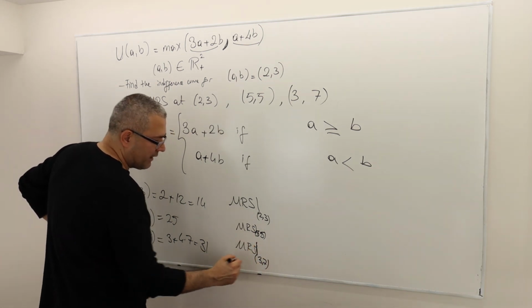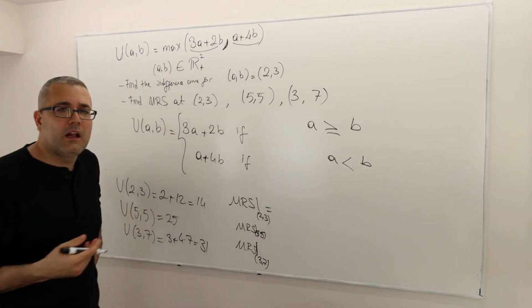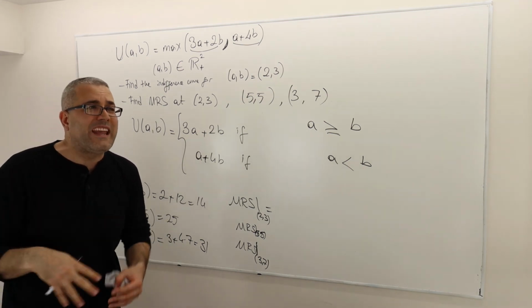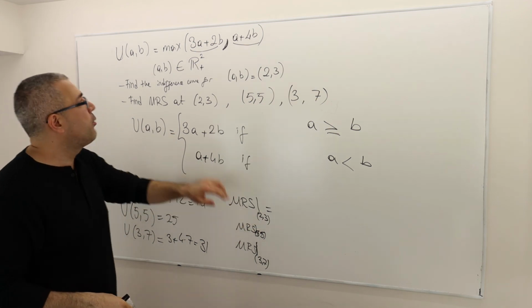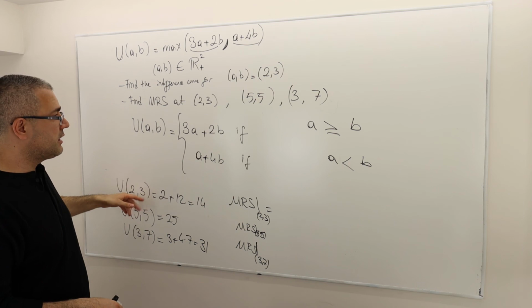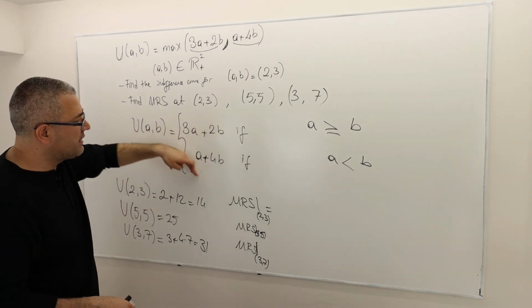All right, this is what that straight line means. So here, how do I calculate the marginal rate of substitution at any point? Well, first, what is the utility function at that point? The utility function at that point is not this one. Remember, b is greater than a. So the utility function is this.